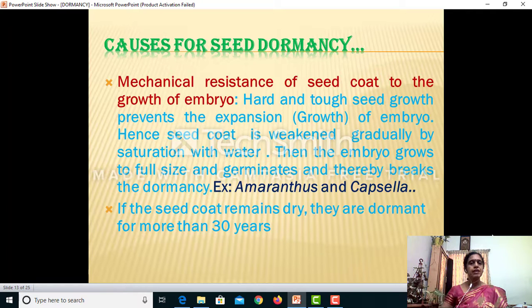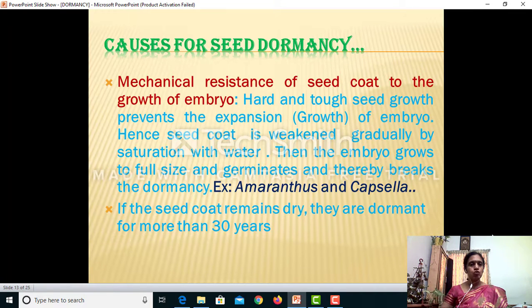Next is mechanical resistance of the seed coat to the growth of the embryo. If a hard and tough seed coat is present outside the embryo, then the embryo cannot expand due to growth. Hence, the hard and tough seed coat prevents the expansion or growth of the embryo. The seed coat is weakened gradually by saturation with water.